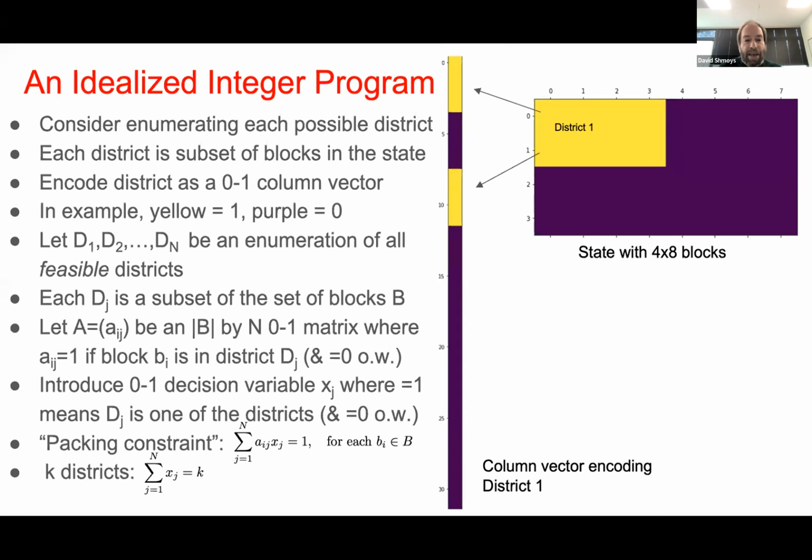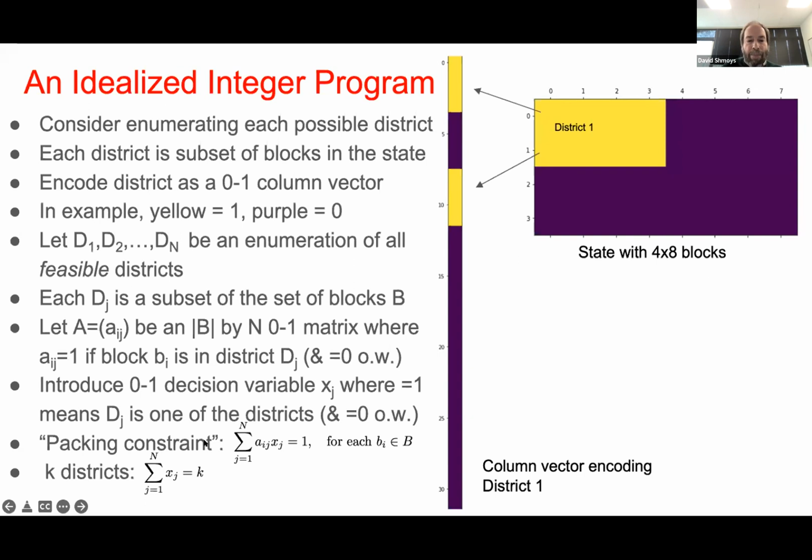As such, I end up with a matrix that reflects the set of possible districts, and then I can introduce a 0-1 decision variable for each column in that matrix, where making that variable 1 means I'm going to choose that as one of the districts that I use for a given plan.